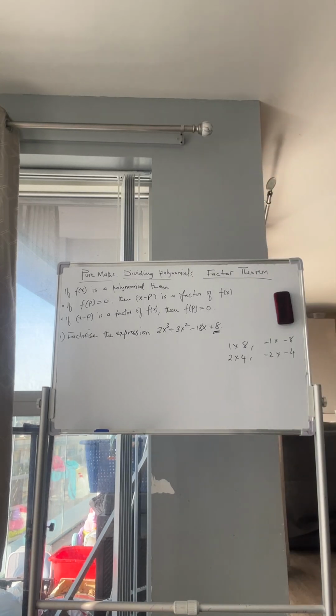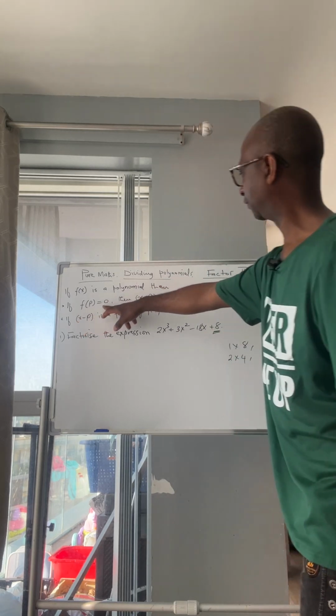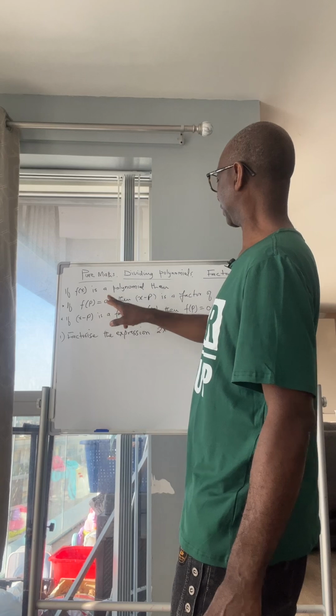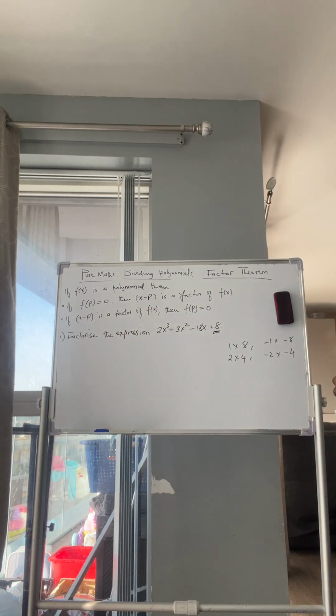So what do you do then? Look at what the first rule says. If f of p is 0, then x minus p is a factor of f of x. So let's find the factors of 8.